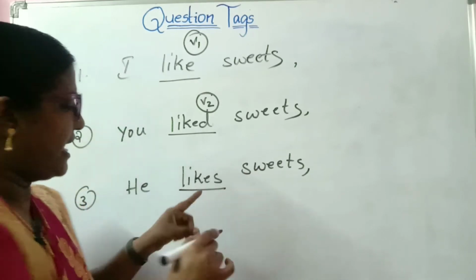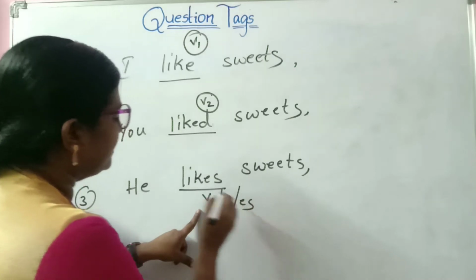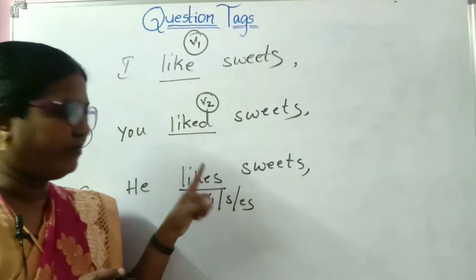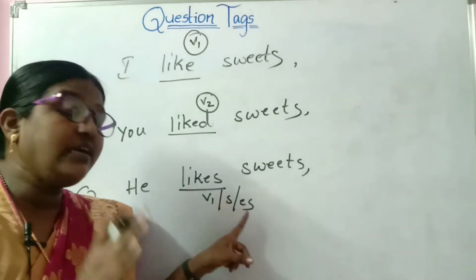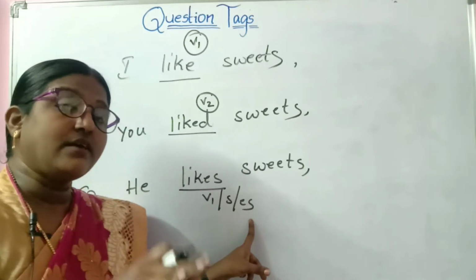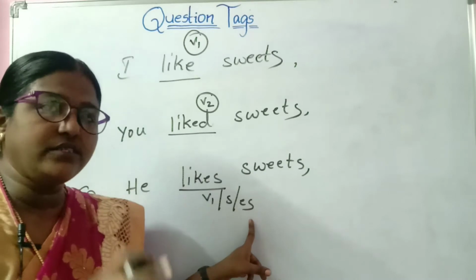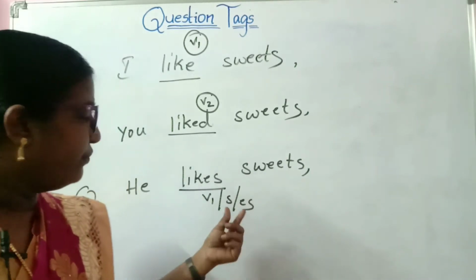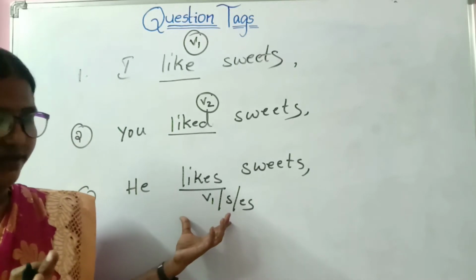Likes. S or ES is added to the V1 form. This is V1, the simple present, but S or ES is added to V1 forms. When we add S or ES to the V1 form, it is with third person singular pronouns.